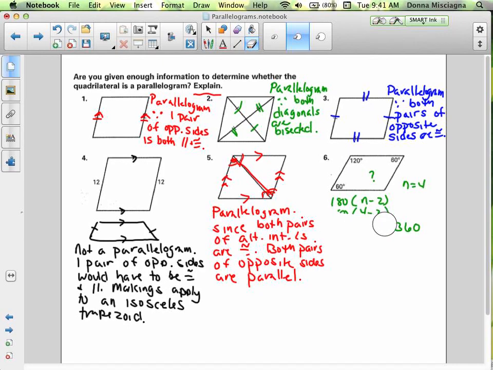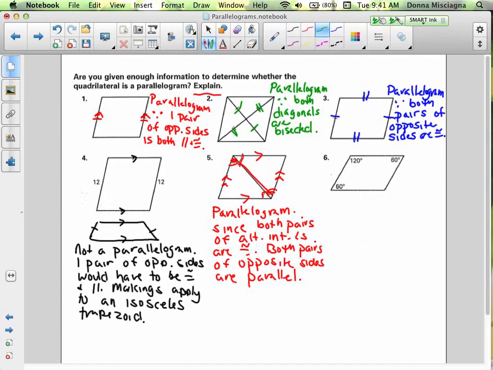Right, so since we have that on the previous page, I'm just going to write in that we're going to use the fact that the angles add up to 360.